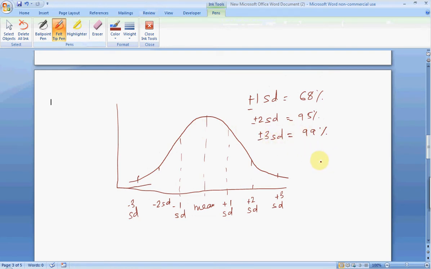Okay, let me take an example. Suppose the volatility is 10%. And this is a proxy for the standard deviation. As we said, for option prices, this is a proxy for the standard deviation.